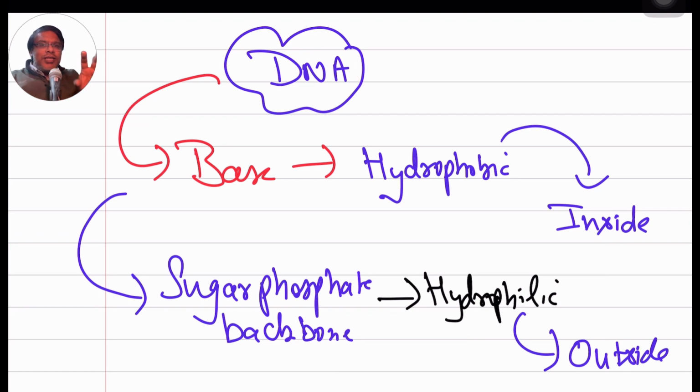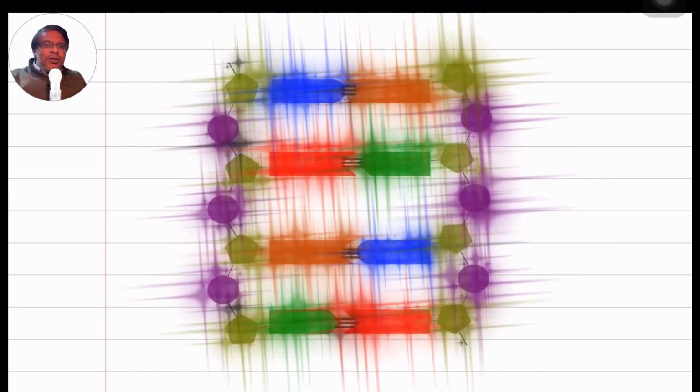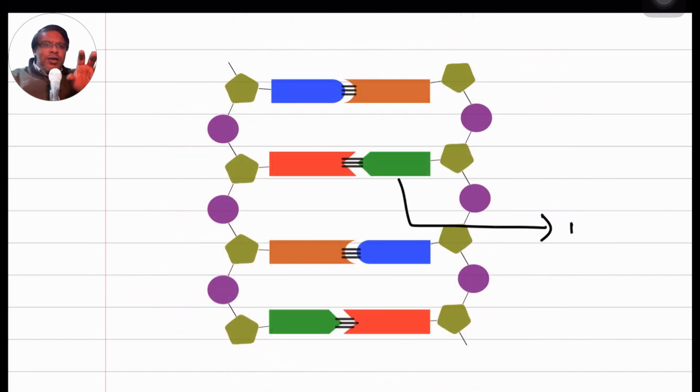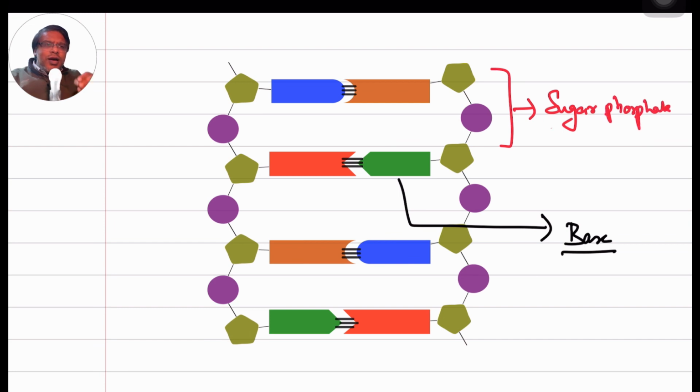So same as proteins, the hydrophobic things are inside, while the hydrophilic things are outside. Here you can see the structure of DNA: the bases are present inside, while the sugar phosphate backbone is present outside. Hopefully this point is clear to you.